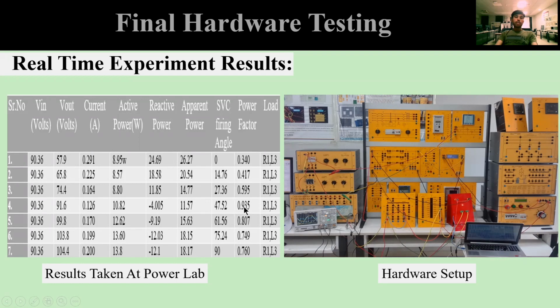At this stage, both the capacitive vars and the reactive vars are balancing out each other, so we are achieving the high power factor. After the balancing stage tilts, our capacitor provides the leading vars to the system, so the power factor increases and then starts to decrease.